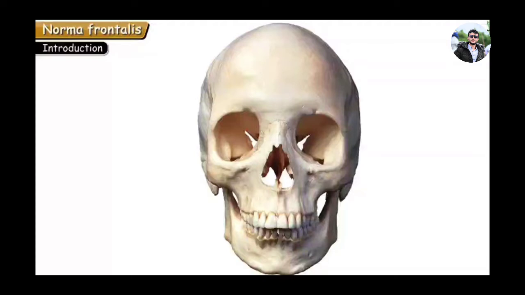Today I'm going to talk about the norma frontalis, the frontal aspect of the skull, or we call it the anterior aspect of the skull. As usual, at first I'm going to talk about the bones that form this aspect.